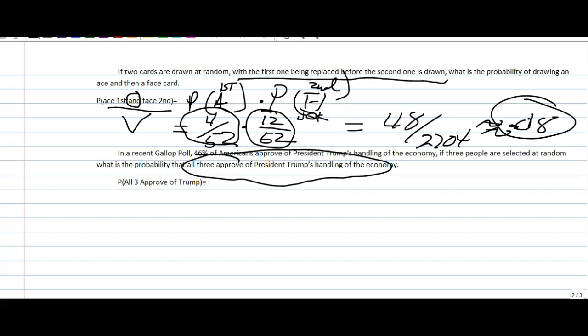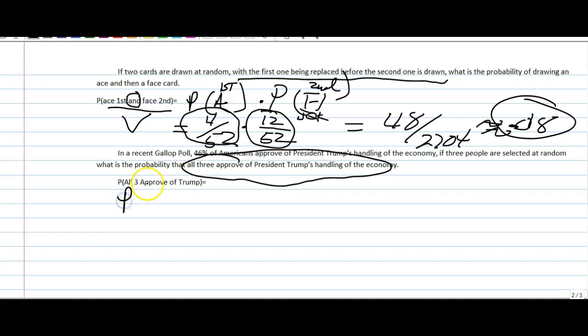The same goes for the second person asked. Doesn't matter what the response the first person gave. If we choose the second person at random, then the probability that they approve of President Trump's handling of the economy is still going to be 0.46. So all three events are independent.